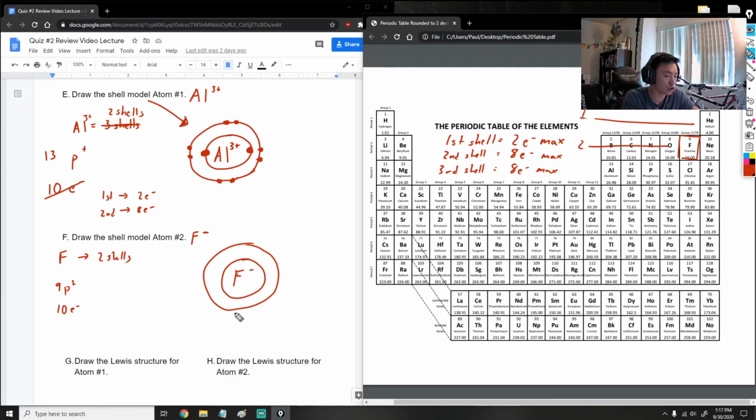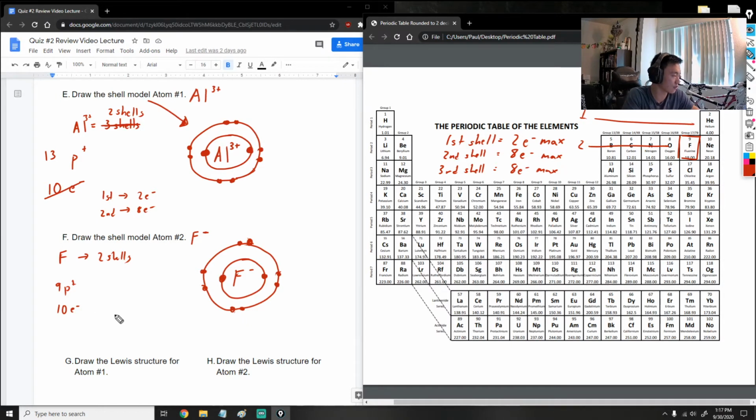Alright, and all we have to do is fill in the electrons now. If you remember, we always want to start from the inside out, and remember that the first shell can only hold 2, the second shell can only hold 8. So we're going to start with the beginning. We're going to go 1, 2, and so that shell is filled up. 3, 4, 5, 6, 7, 8, 9, 10.